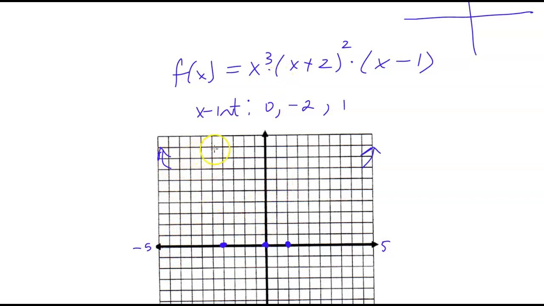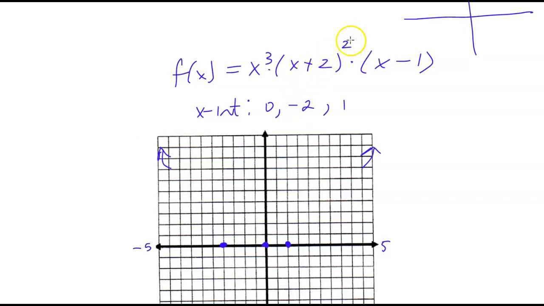Okay, but we need to see how. So to get a better picture for this, we're going to take the leftmost zero, see how that acts, and then we'll figure out how the rest is going to act. So for the zero or x-intercept, x equals -2, this is a corresponding factor for it.